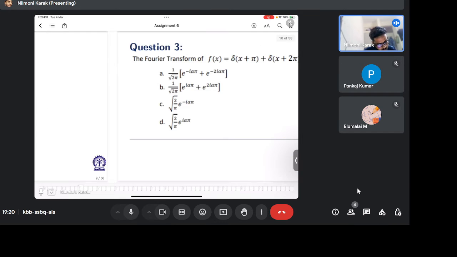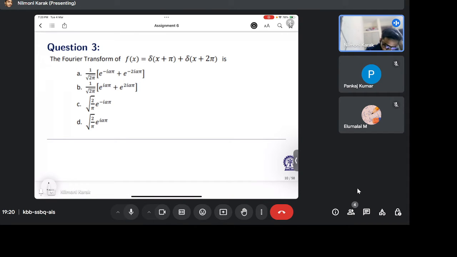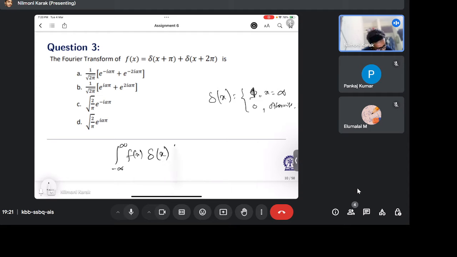So here you know the Dirac delta function. The Dirac delta function takes 1 when x equals infinity and 0 otherwise, right? One formula you should know: integral from minus infinity to infinity of f(x) delta(x) dx is f(0).